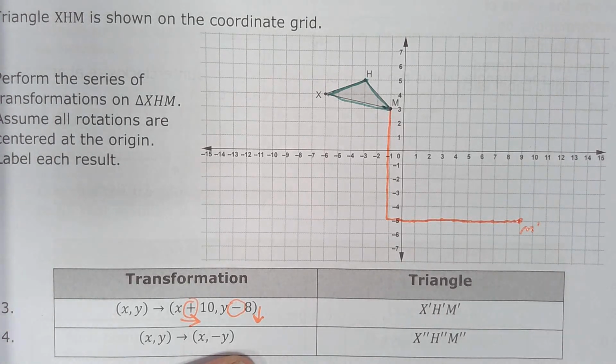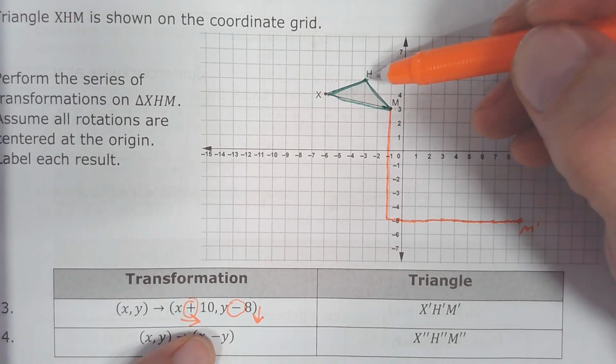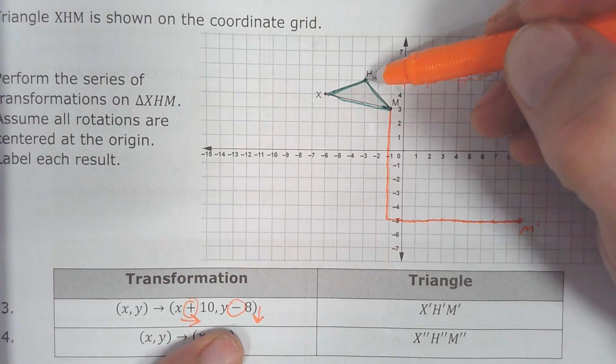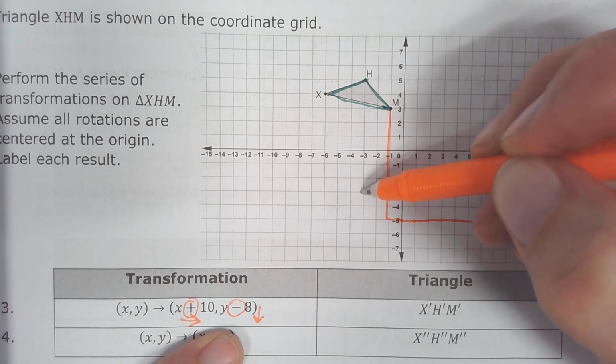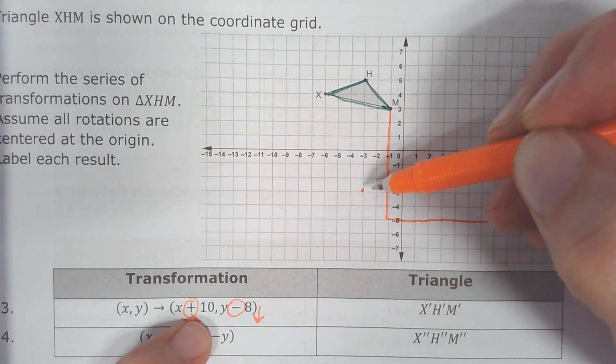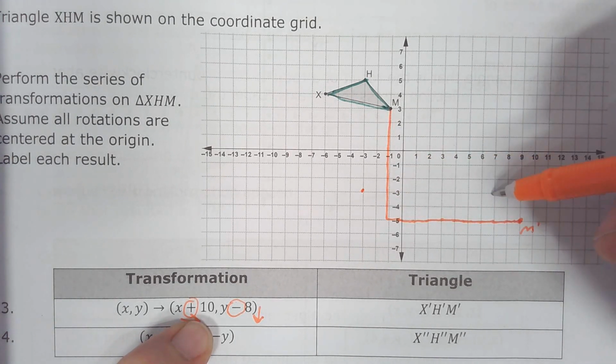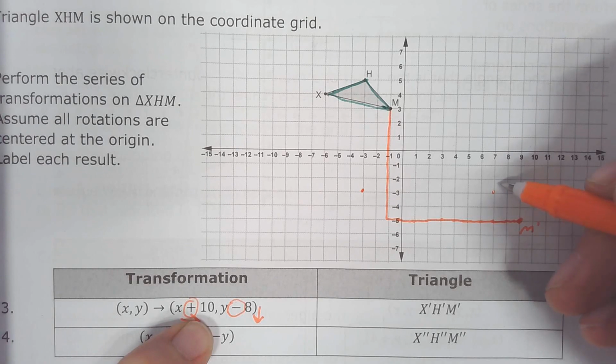Okay, if I don't want to mess up my chart too much, I can say that this is 5. 5 minus 8 is negative 3. Right, and then I can go 10, negative 3 plus 10 is 7, so that is my H prime.